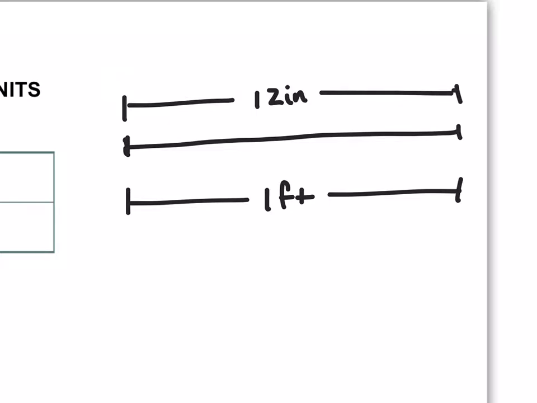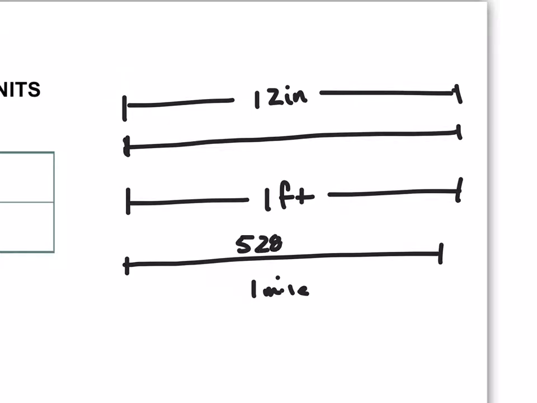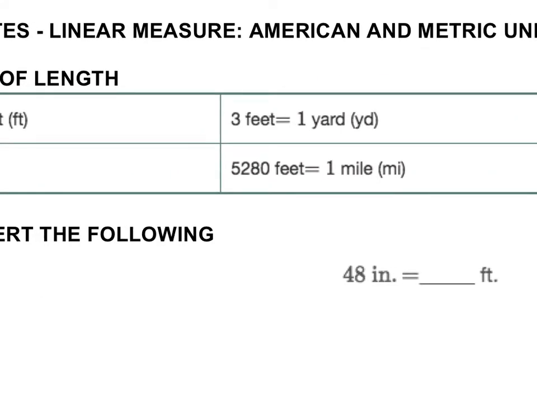Therefore, 12 inches is equal to 1 foot. And if you had 1 mile, that's equal to 5,280 feet. All these different conversions exist.